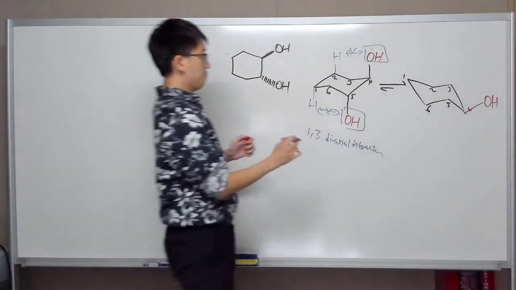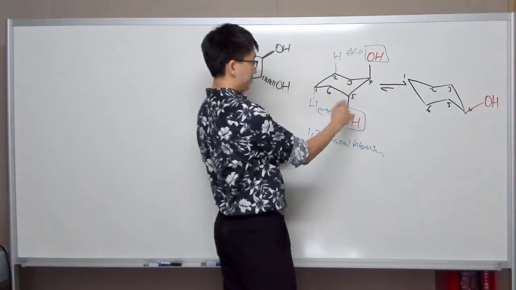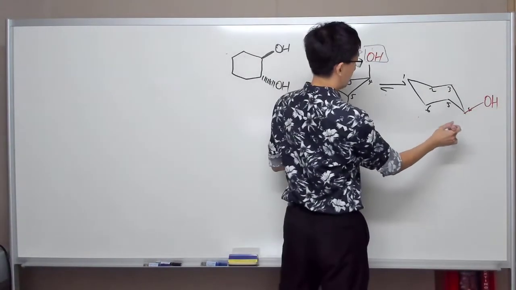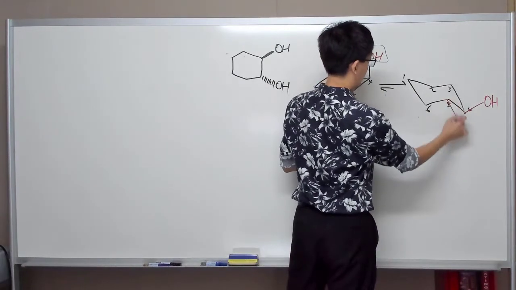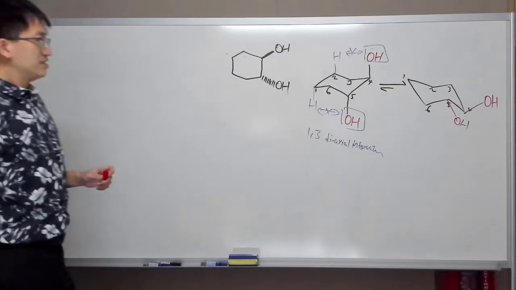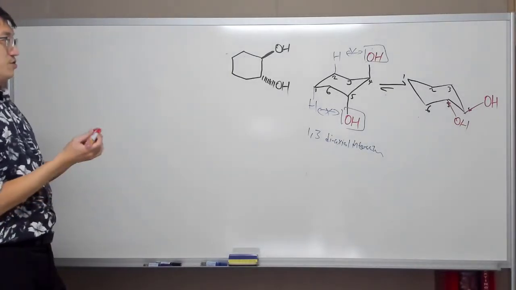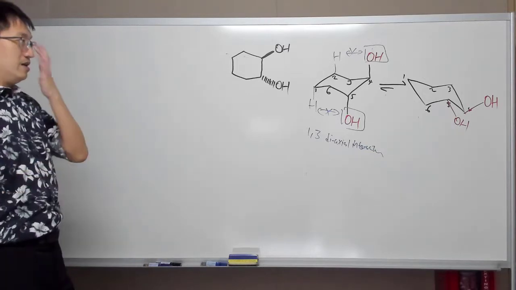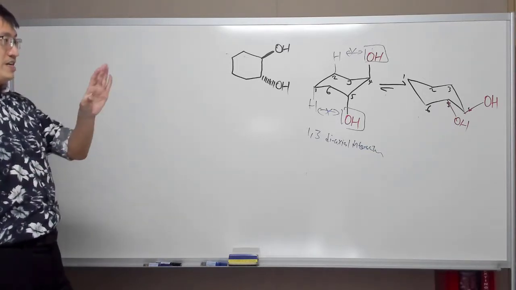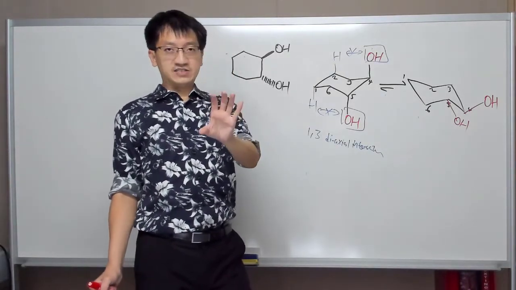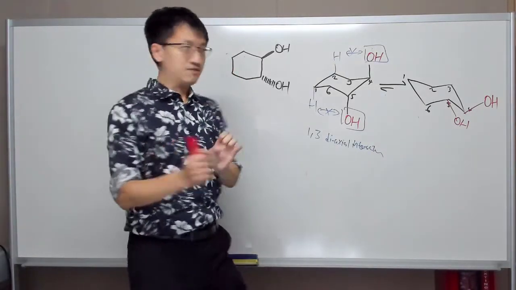Then whatever group is found in the axial position, in this case the OH, will now be at the equatorial position as well. Like this. So this is what you're going to end up with when you do a ring flip.